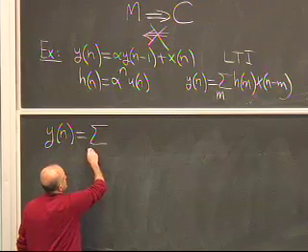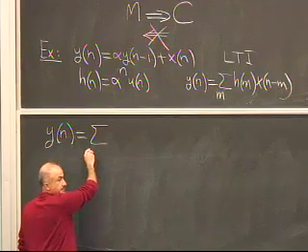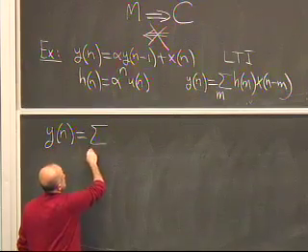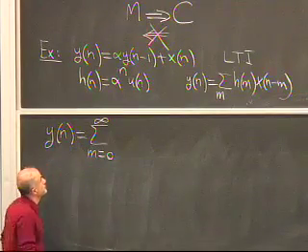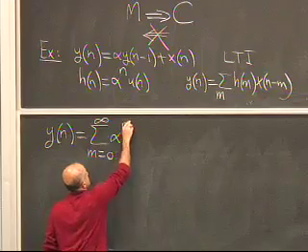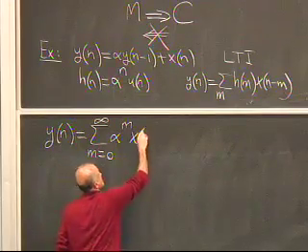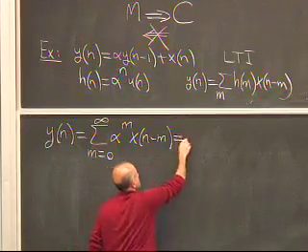Summation goes from where to where? So because of the unit step, it goes from 0 to infinity. Alpha to the m, x of n minus m. And can you give me a few terms in this?